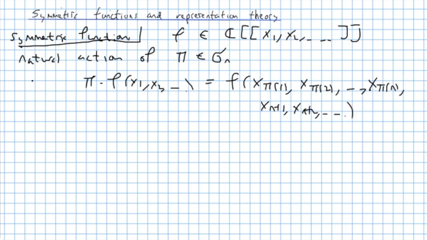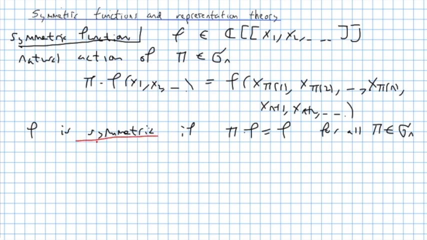And we say that f is symmetric if it remains the same after this action, if it stays the same for all permutations. So if you permute the variables in any possible way, you stay the same. That's what it means for a multivariate function to be symmetric.